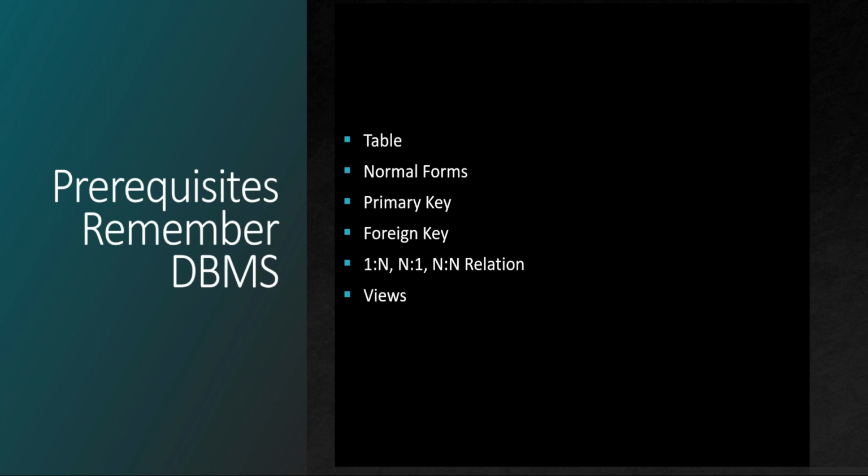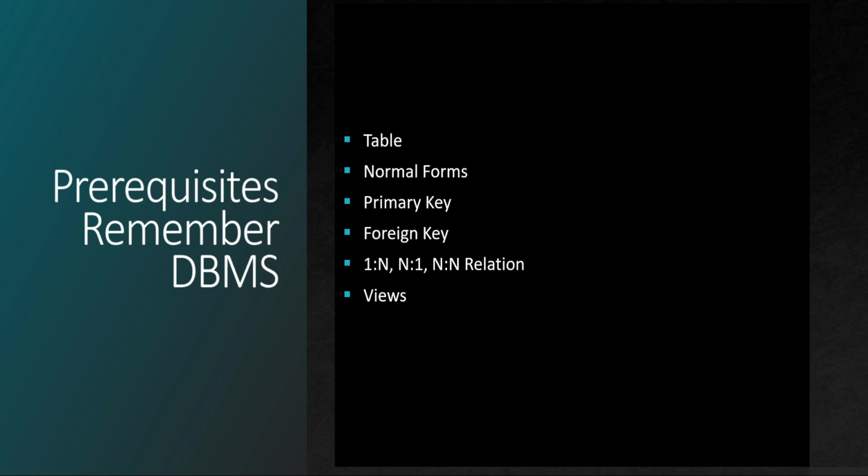Example, person, employee. Can I keep two employees' records in one row? Yes, you can if you want. If you're stupid enough, yes, you can. But that's not the way to design a database. Remember normal forms? First normal form, second normal form, third normal form, Boyce-Codd normal form. Please do brush up on that.